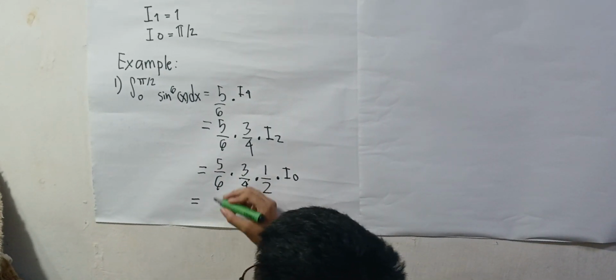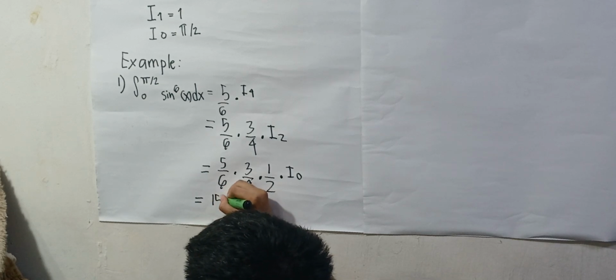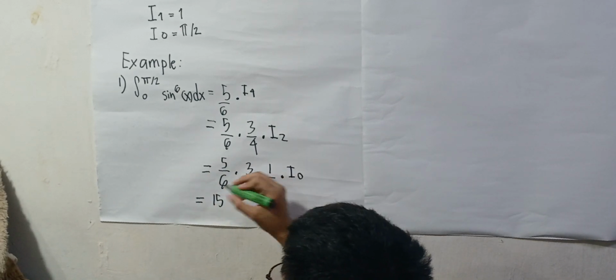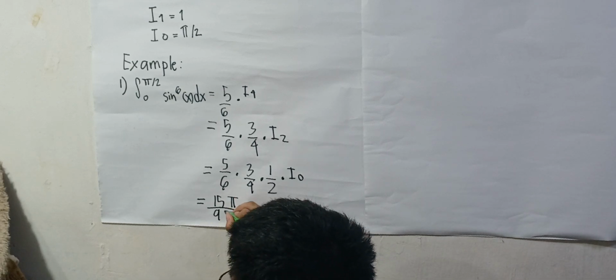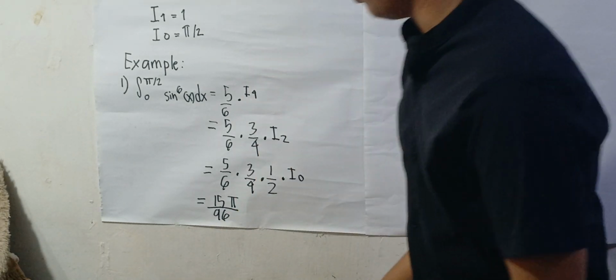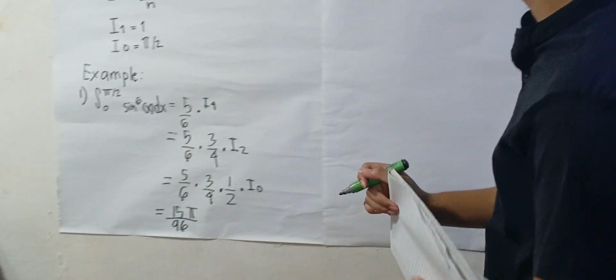We just multiply, so it would be 15 pi over 96. And that is it for our first example.